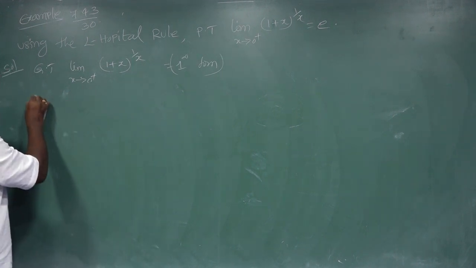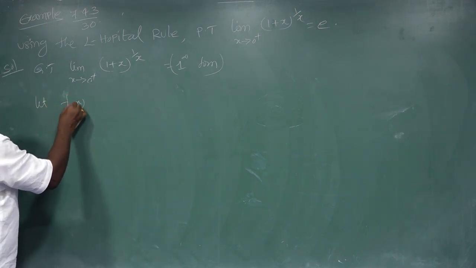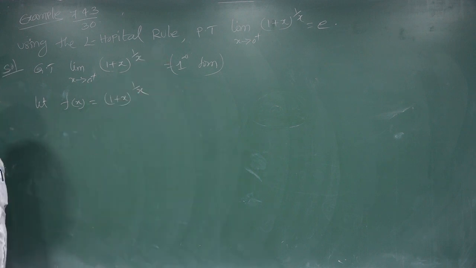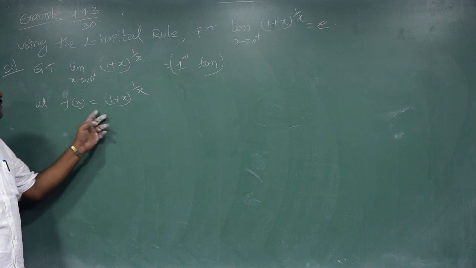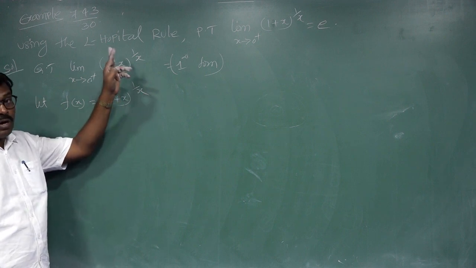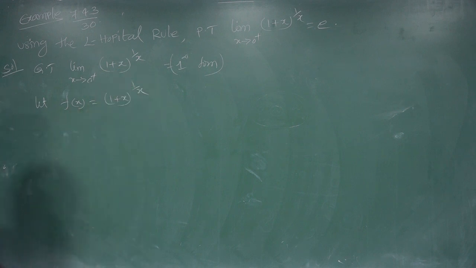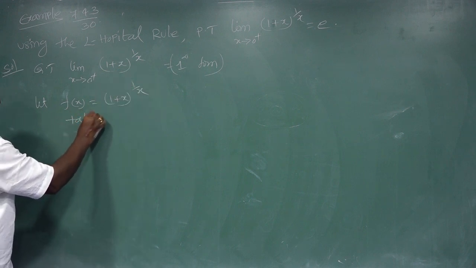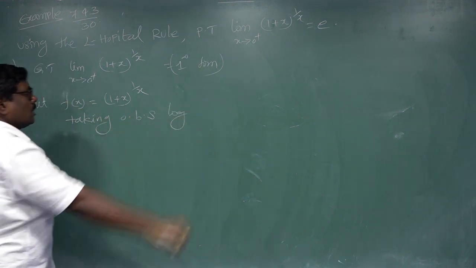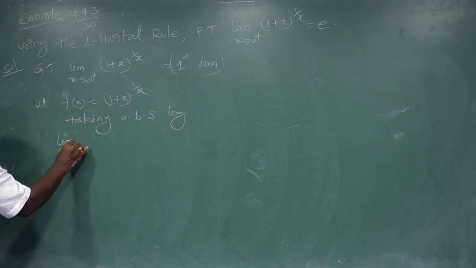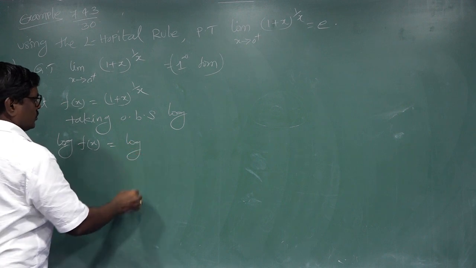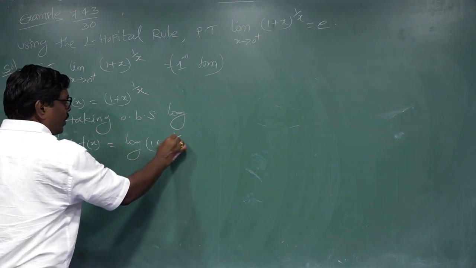Let f of x equal 1 plus x whole power of 1 by x. Taking log on both sides, log of f of x equals log of (1 plus x) whole power of 1 by x.